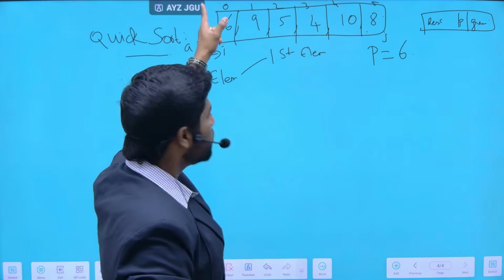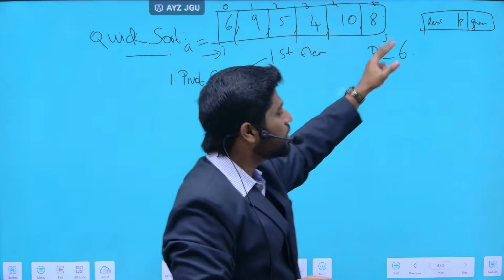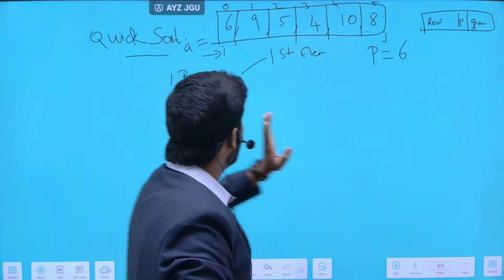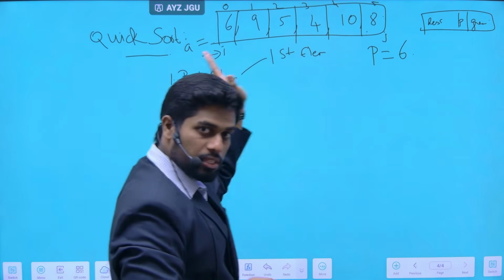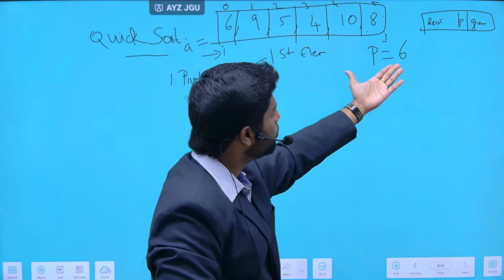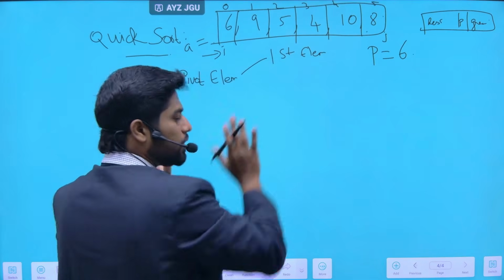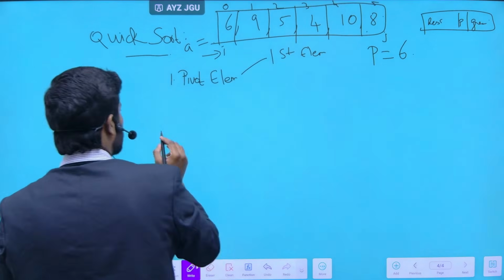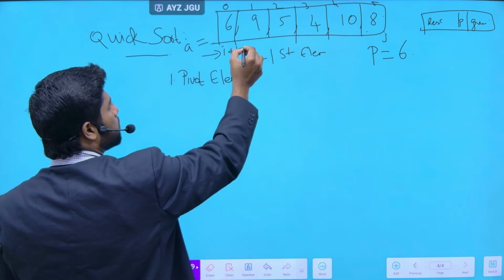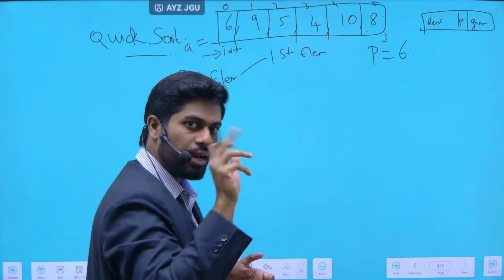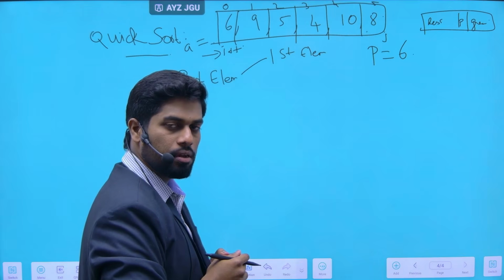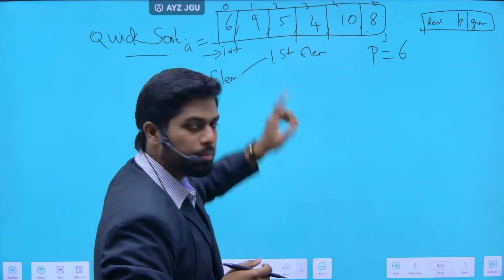I is the start, J is the end. So I need to go from 0 till the end, and J from the end till the first. This is the first procedure of quicksort. Now I will be I plus plus. When do I need to increment I?